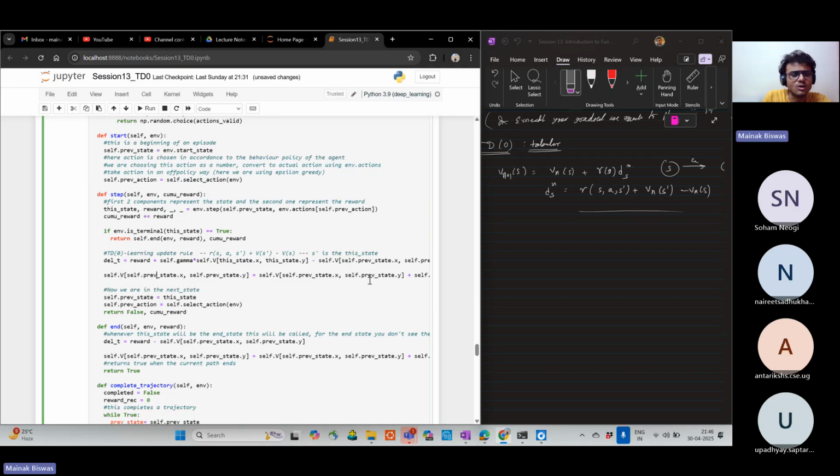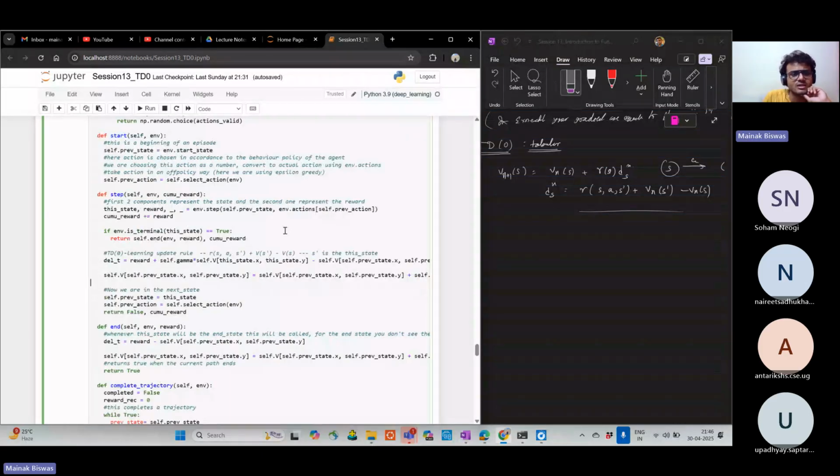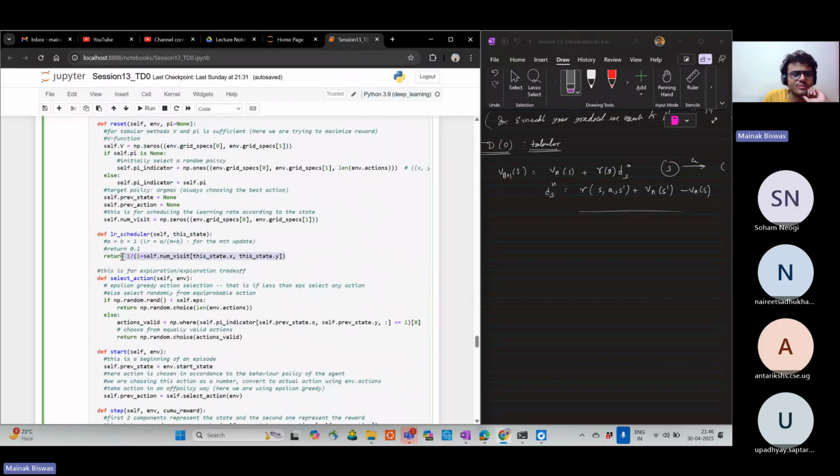Now, the update for the current state is the current value plus the scheduler for the current state times delta t. Clear to everyone? And the scheduler is just seeing how many times the current state has been selected. So let us see how we learn the schedulers. This is basically the number of times you visit the current state. That's all.